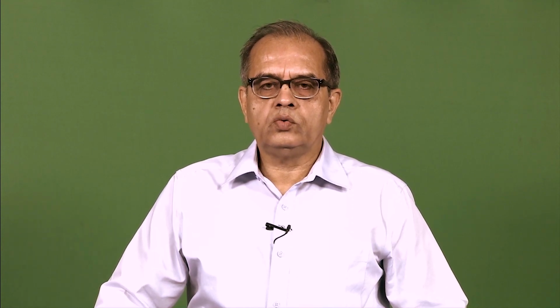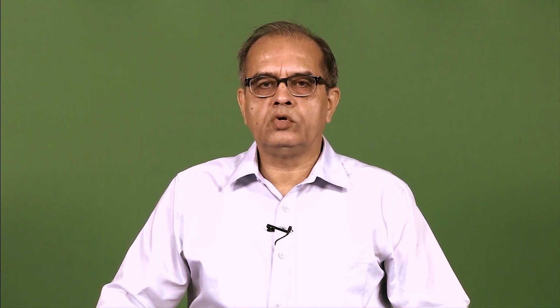Now, in this lecture, we will consider the estimation of the fixed effects model when you have observations on more than two time periods. We will also discuss the estimation of the random effects model.